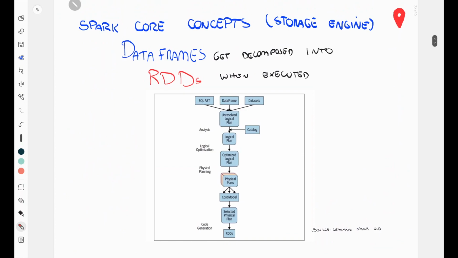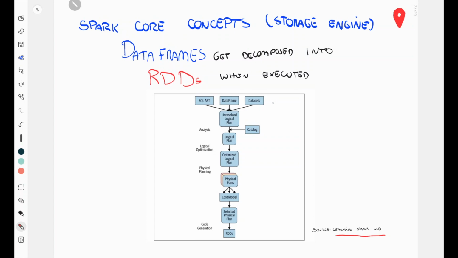Another key aspect is that the diagram shows the RDDs are the base for datasets and data frames. I want to highlight that again, because data frames get decomposed into RDDs when executed. This image is from Learning Spark 2.0, a book, and you can see here how it gets decomposed.